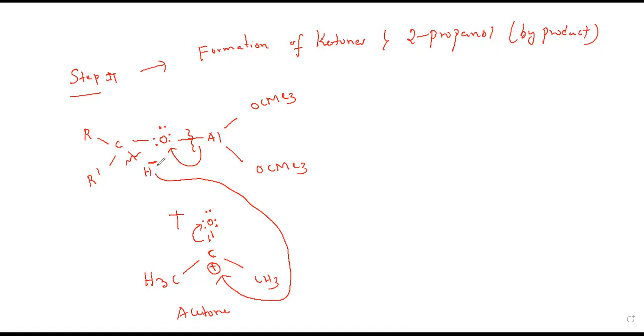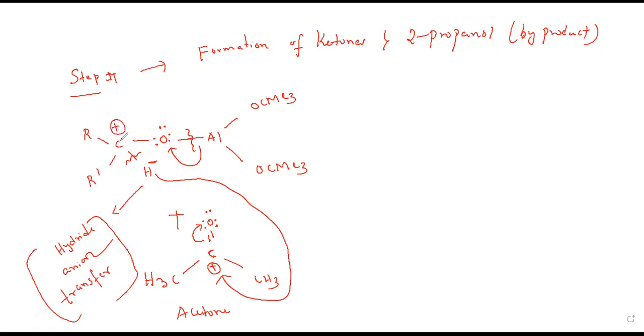This hydrogen containing a negative charge, you can call it a hydride ion or hydride anion. So when the hydride anion is transferred towards the carbocation, this is also called hydride anion transfer. So what happens to this carbon here?